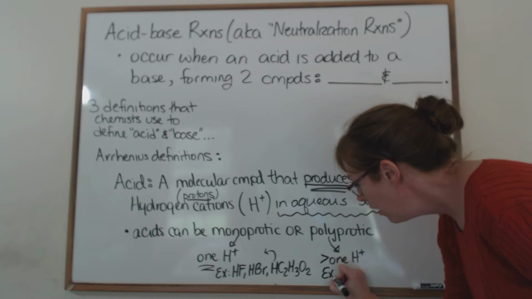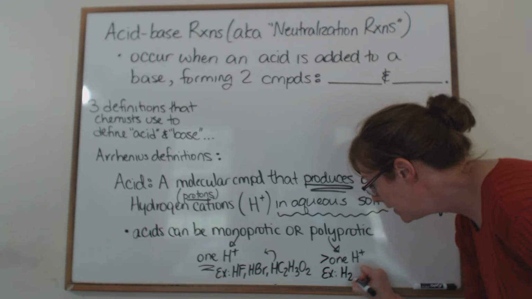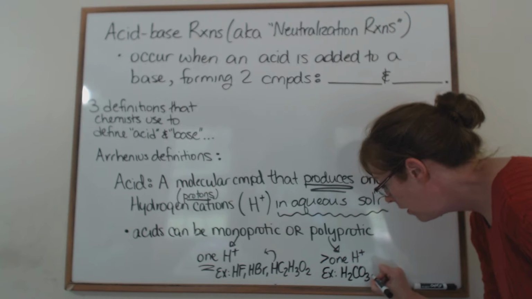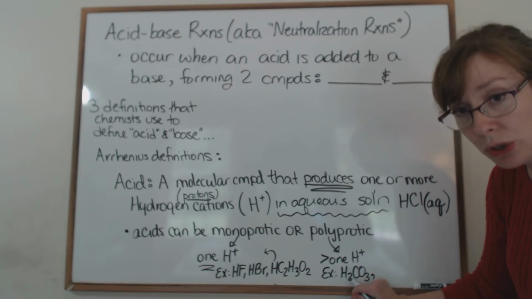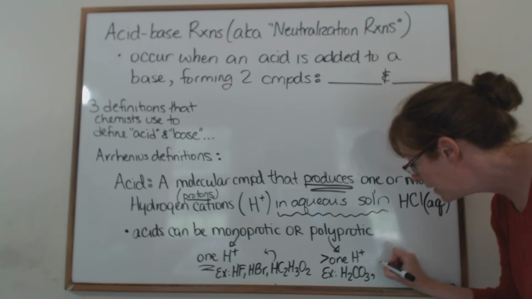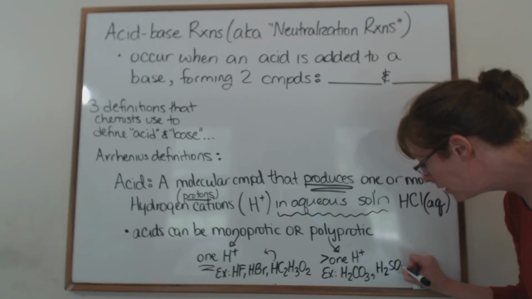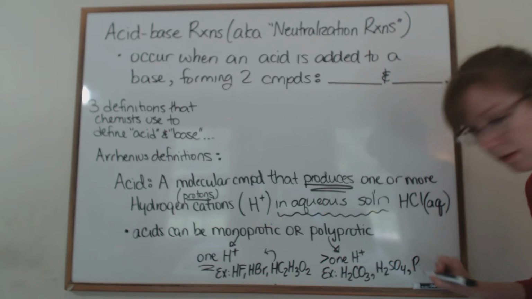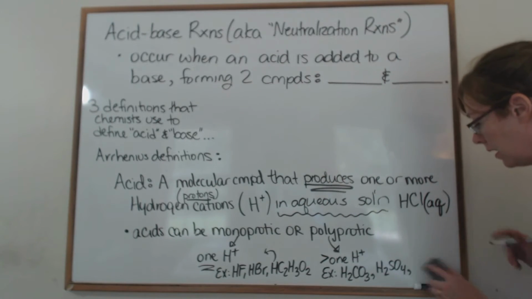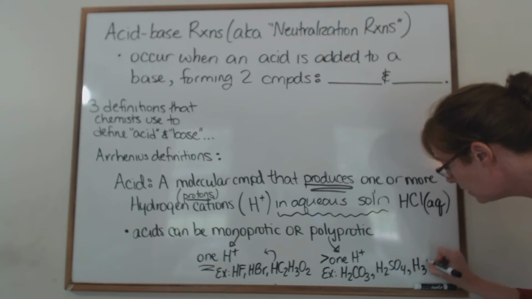Examples would be carbonic acid, H2CO3, which is really a diprotic acid, so it would release two. And a couple other ones that are really famous. Sulfuric acid can also release two. And phosphoric acid can release three protons.